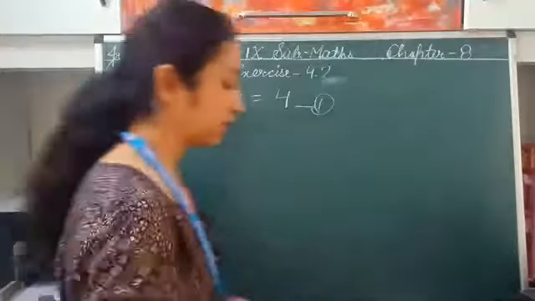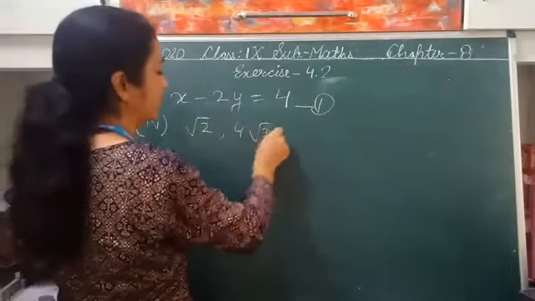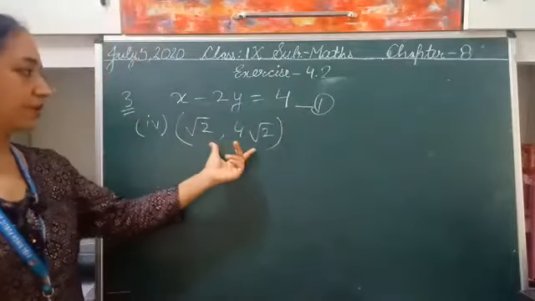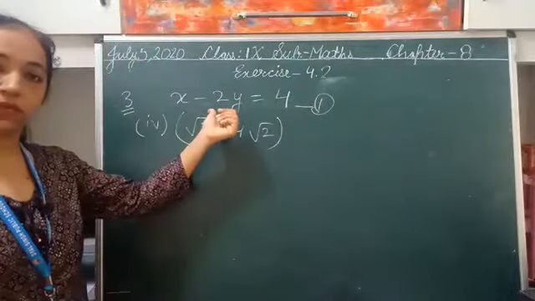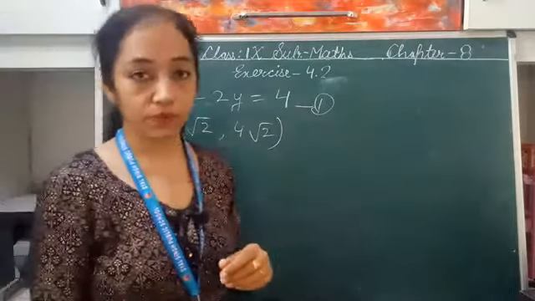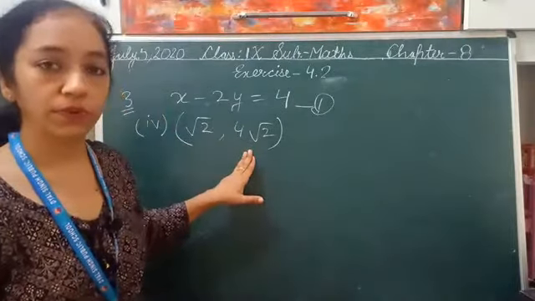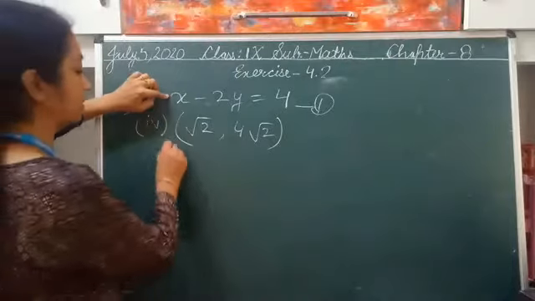Your fourth part is root 2 and 4 root 2. We have to check whether this is the solution of this equation or not, right? So we have to put the value of x as root 2, and at the place of y we have to put 4 root 2, right? So let me put the value.